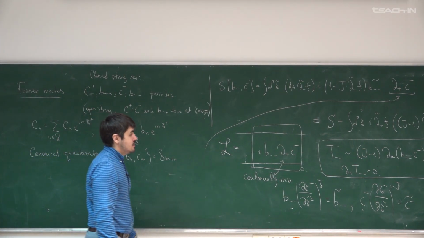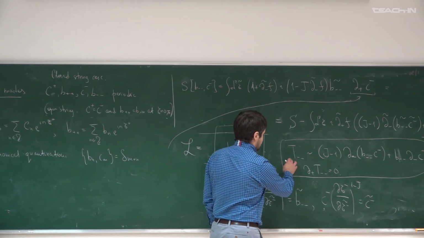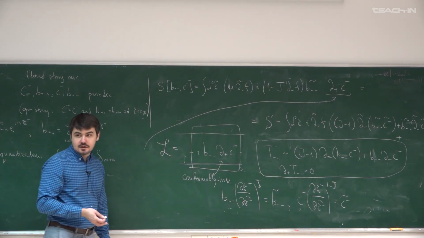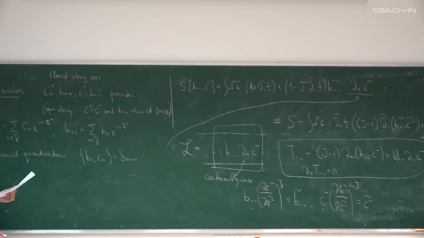And you want to decompose this T minus minus and T plus plus in Fourier modes as well, right? And the coefficients will be these Ln's of the ghosts.